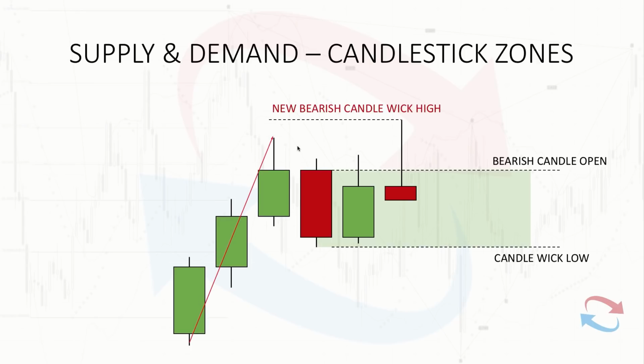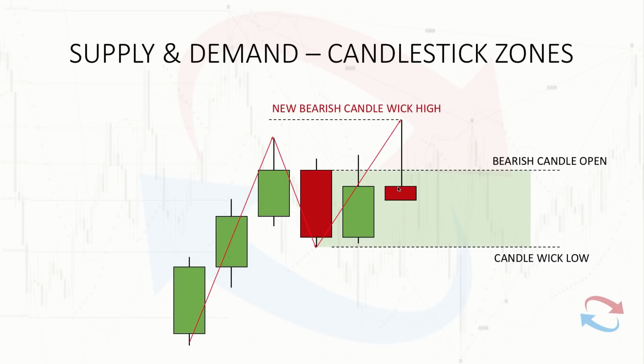You're looking for a new high, a low, and then this creates a new high. The problem is that it's not a bullish type candle. So although it has made a new high, this would still be a demand zone, but it's a demand zone that is of the weakest type of demand.